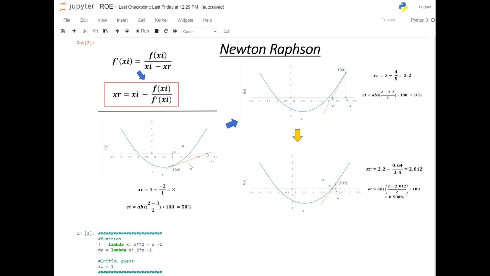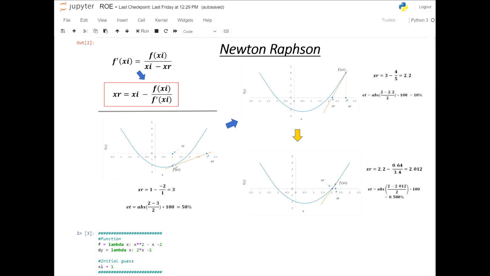And we derived the Newton-Raphson by the equation of that particular slope, which is the rise of f of xi divided by the run, which is xi minus xr, and we have rewritten this equation in terms of xr, and now we have this expression for the Newton-Raphson, which is xr is equal to xi minus the function at xi divided by the derivative at xi.